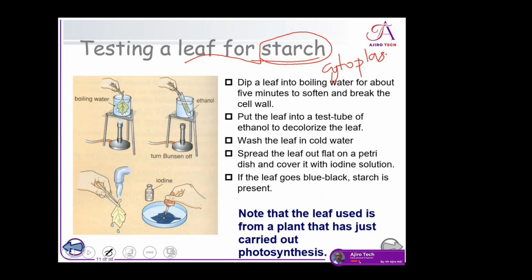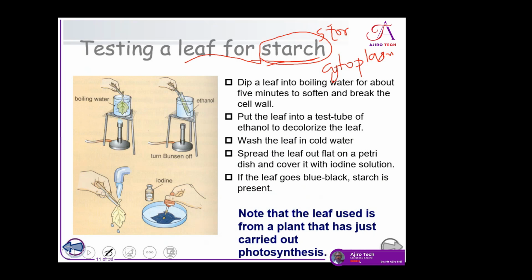Anytime we find starch deposits in the cells of the plant, we can tell that this plant is actually photosynthesizing because the glucose produced usually is stored as what? As starch in plants. So that's why when we eat rice or any other carbohydrate based food, that's the starch that has been stored from a series of photosynthesis processes that has taken place in the plant.